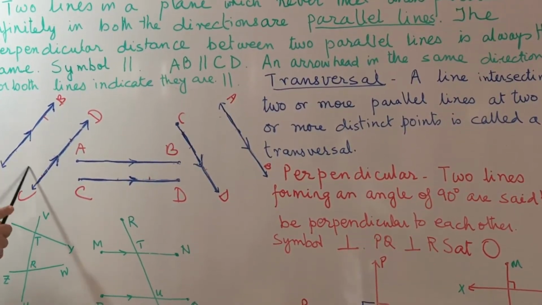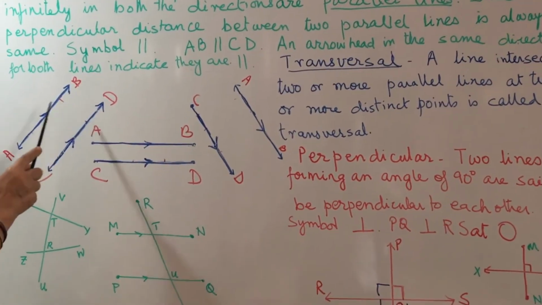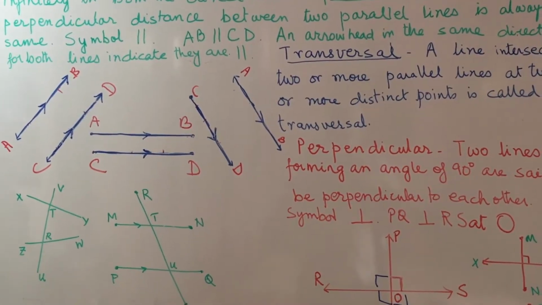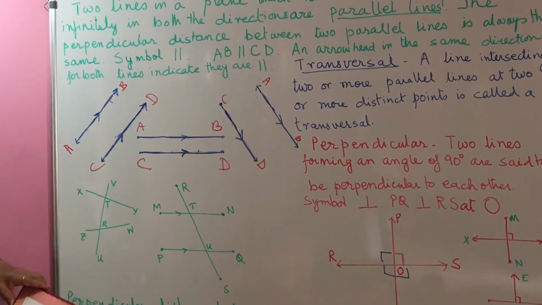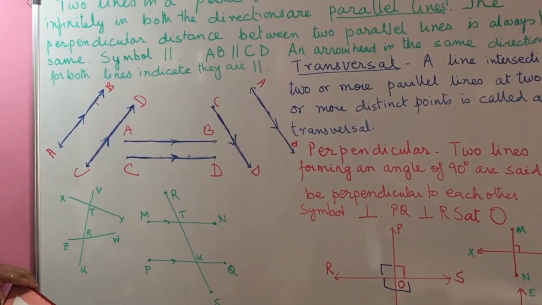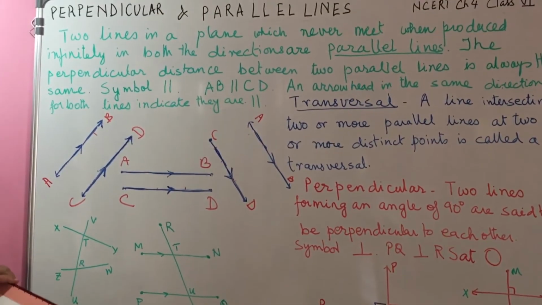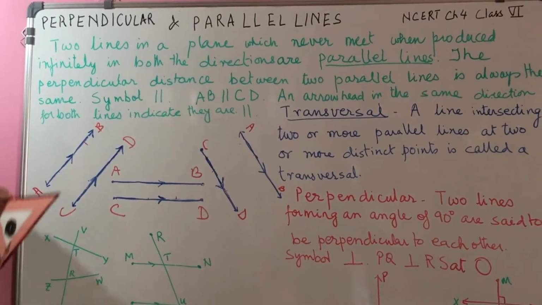The perpendicular distance between parallel lines is always the same. We can use set squares to draw the perpendicular lines between the parallel lines.